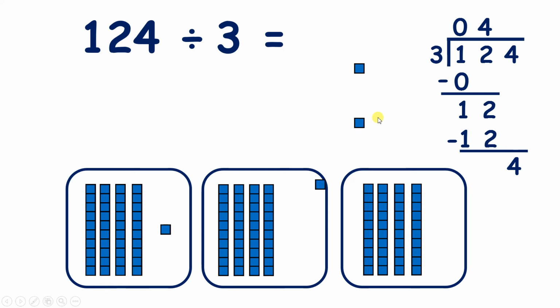We can share out 3 of those units, but we can't share out our 4th unit because that wouldn't be sharing equally. So we shared out 3 of our units, so we write minus 3, and we have 1 unit in each group because 3 divided by 3 is 1.